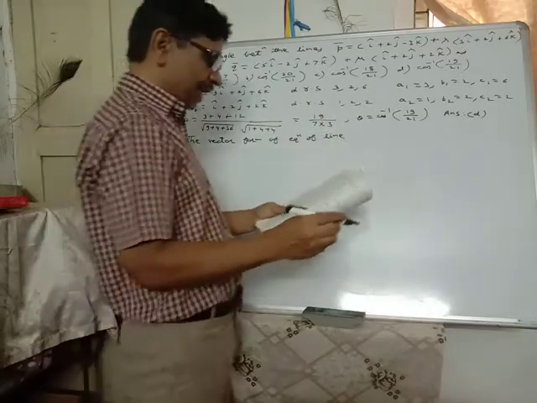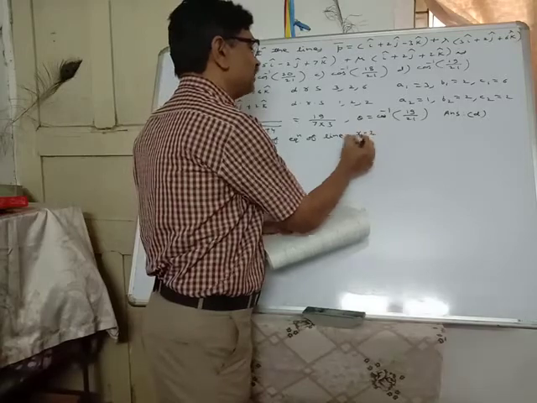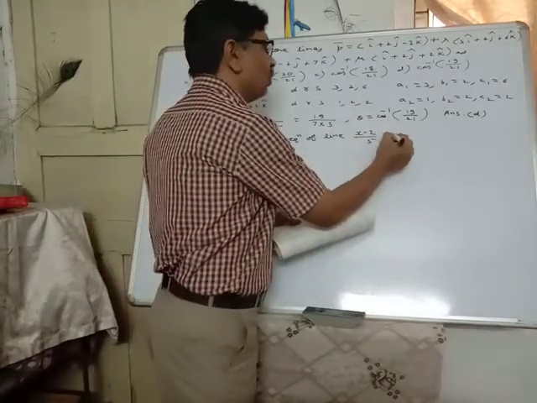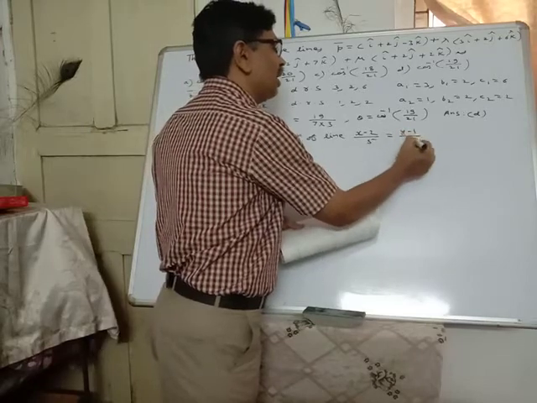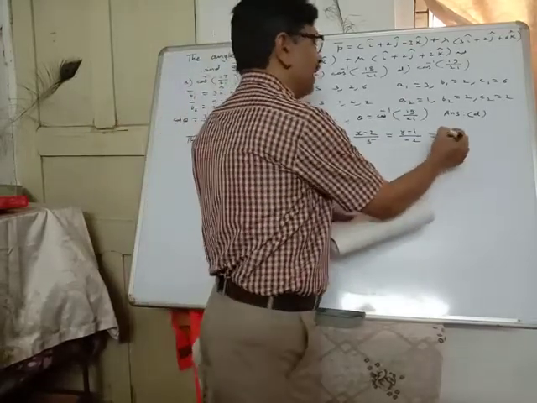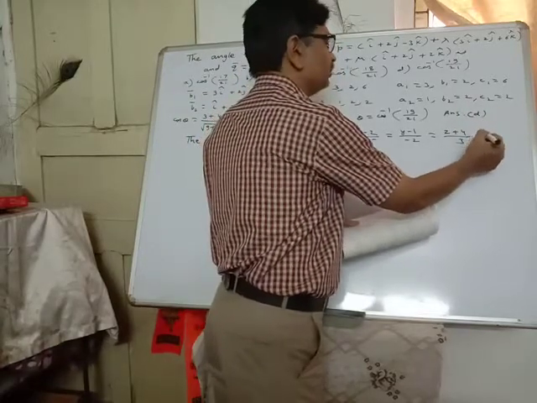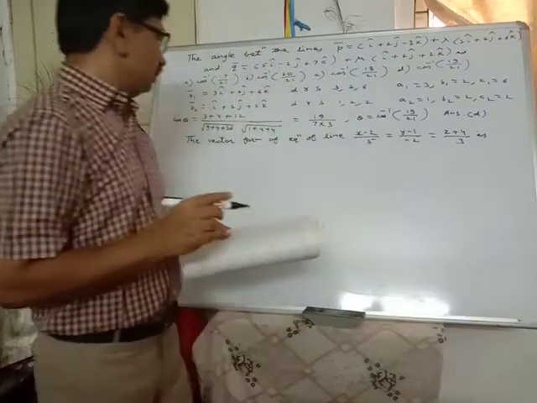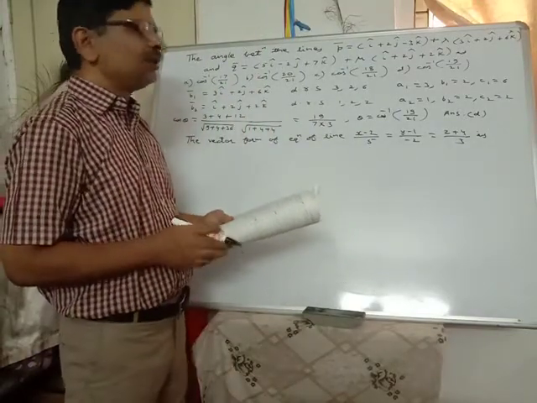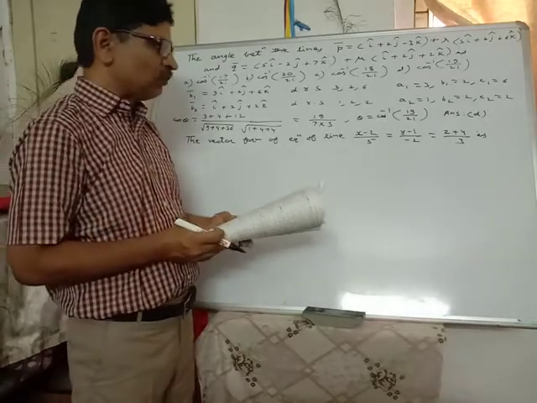Your equation of line is given in Cartesian form: x minus 2 upon 5 is equal to y minus 1 upon minus 2 is equal to z plus 4 upon 3. Equation of line is given in Cartesian form. Same equation we have to convert into vector form.